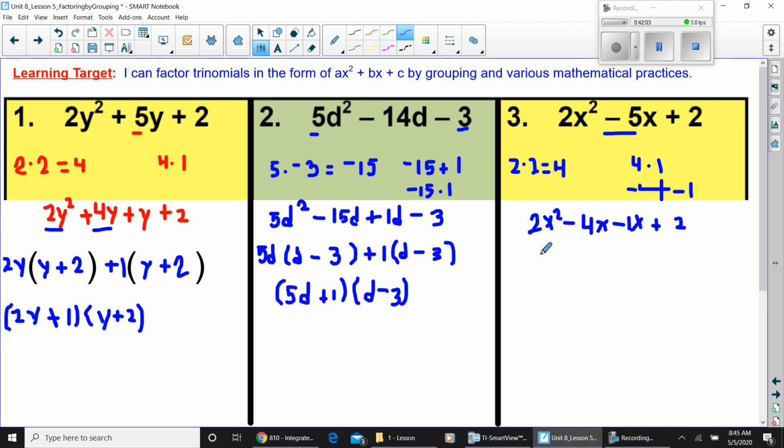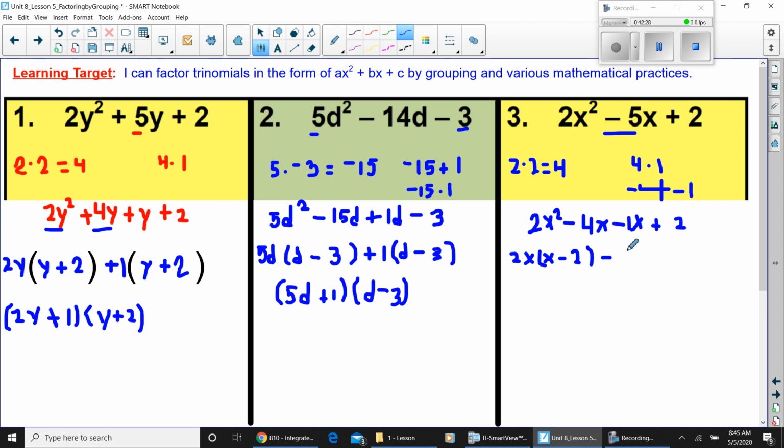Now, again, I am going to find the greatest common factor of the first two terms, and that is 2x. 2x times what equals 2x squared? 2x times x equals 2x squared. 2x times what equals negative 4x? 2x times negative 2 equals negative 4x.